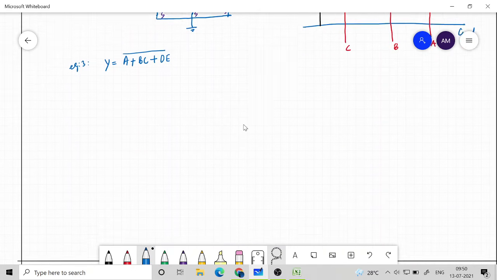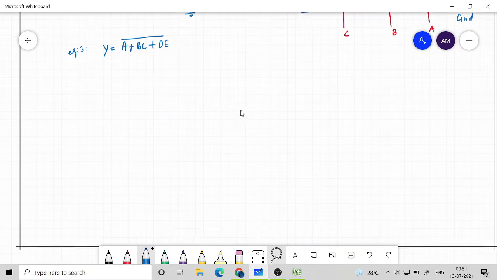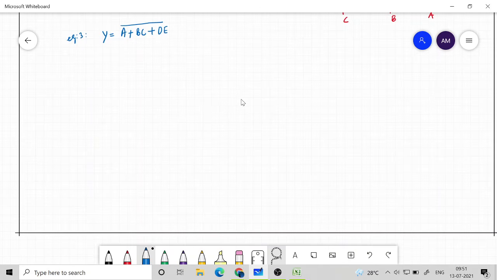So first let us create the CMOS circuit, which is not difficult. If you look at the NMOS side, you have A, and then you have BC, so B, C, and then you have DE.